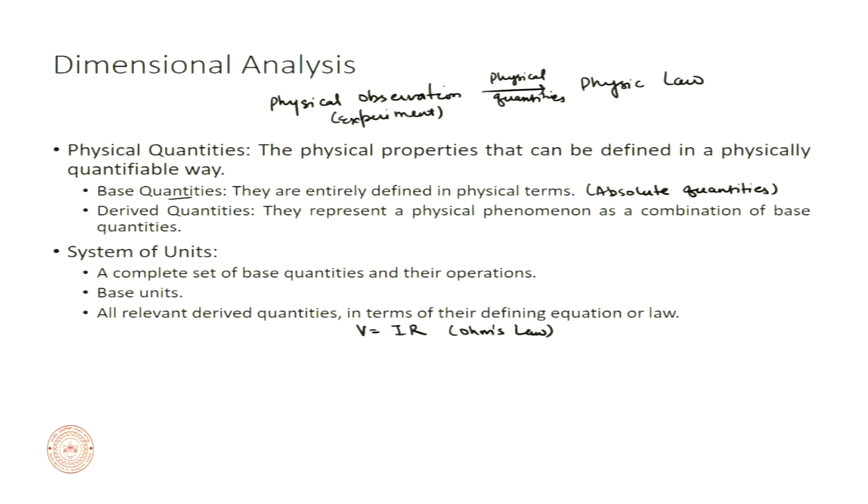So, in the SI unit system, there are 6 base quantities.